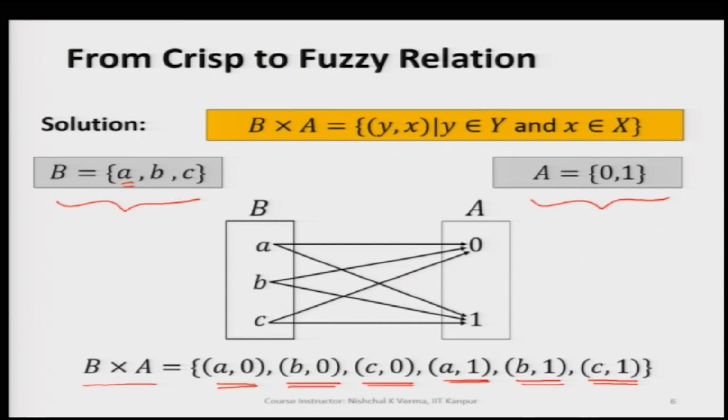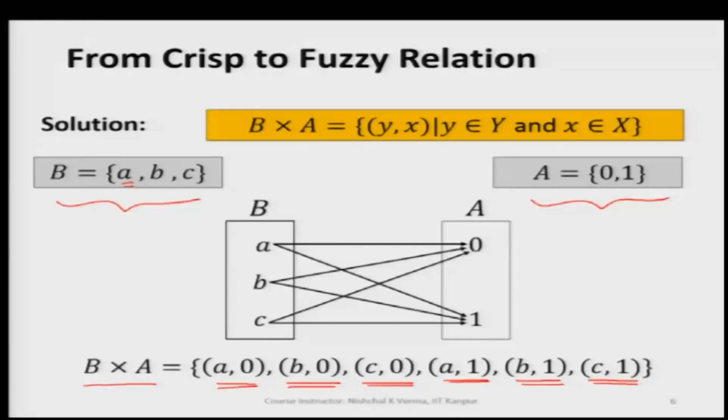And please understand that these pairs will belong to the universe of discourse that is created by the Cartesian product of the separate universes of discourse capital X and capital Y, or in this case, if we take Y first then capital X, then Y cross X. So, here this B cross A is a set of 6 pairs of elements.